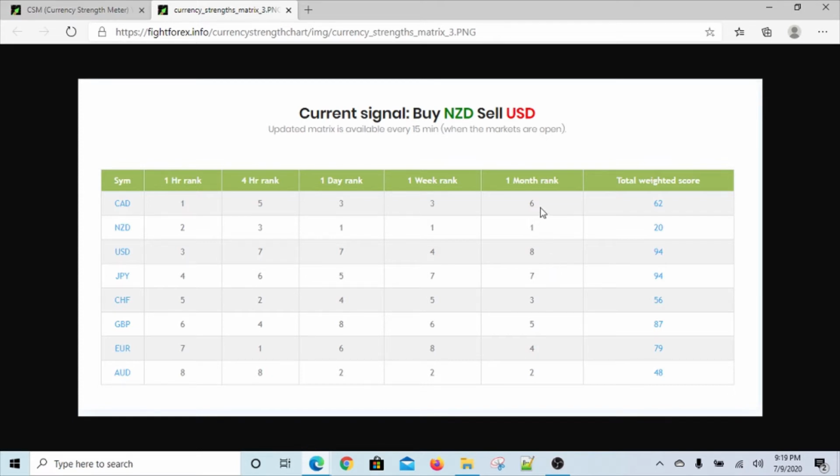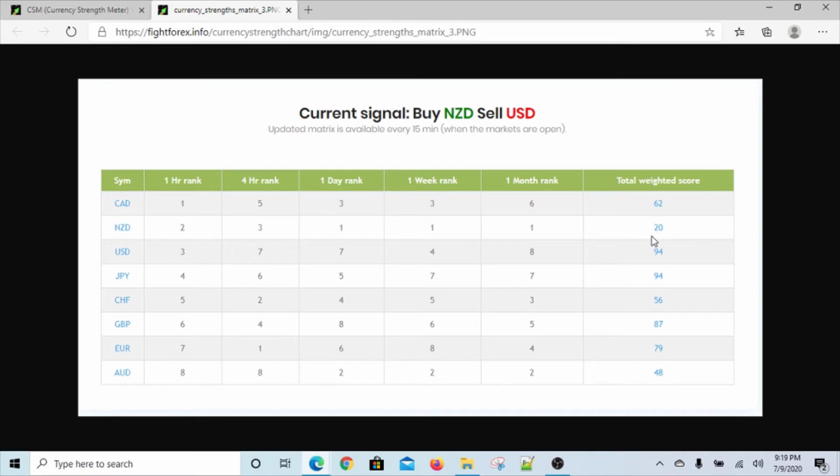So to give a more stable reading, we have come up with this idea of doing weighted scores. The 1 month rank has the highest weightage, and then it's added with the weighted score on the 1 week rank, the weighted score for the 1 day, and so on and so forth. And the total is collected at the end in this last column, right?